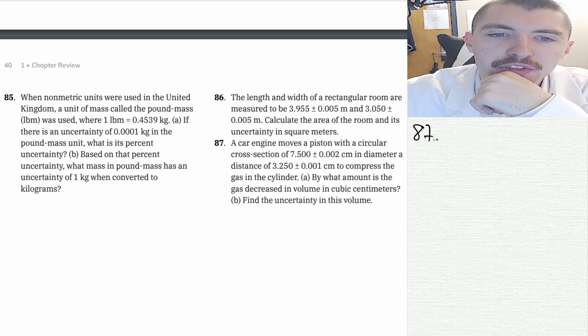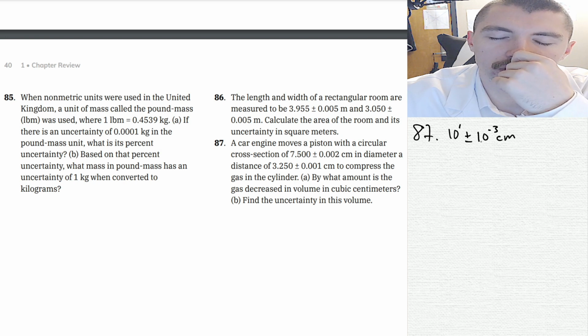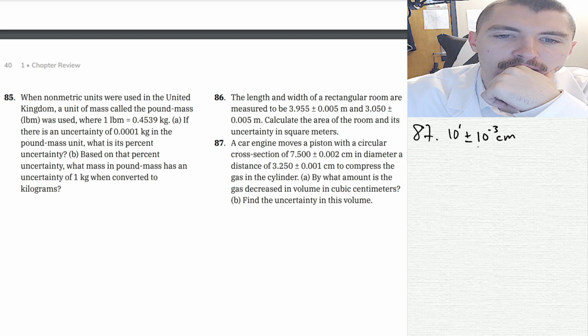A car engine moves a piston 10 to the 1 plus minus 10 to negative 3. Cross section. So what is that? Is that diameter? Okay, yeah, so that's probably diameter.